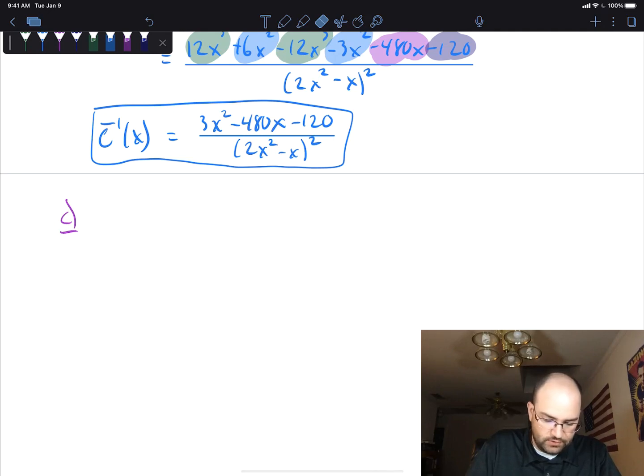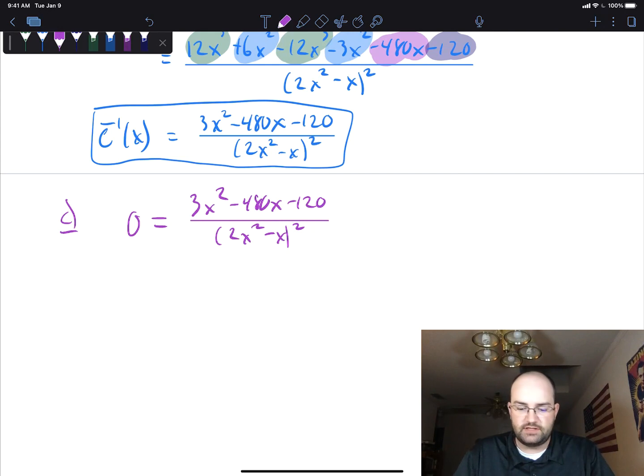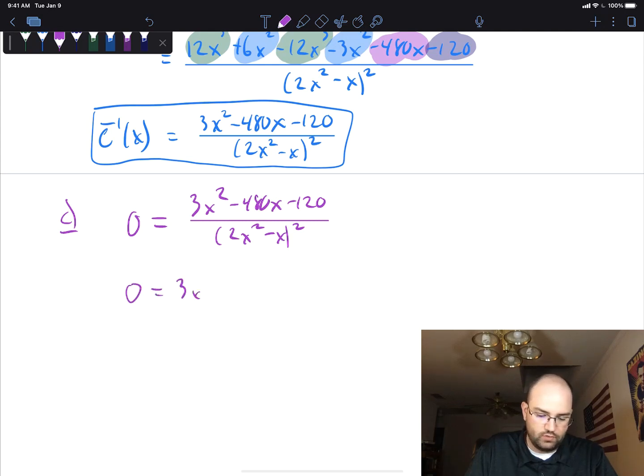So 0 is equal to 3x squared minus 480x minus 120 all over 2x squared minus x squared. And the great thing about this is that since this is a rational function, I can multiply both sides by the denominator, but notice that 0 times anything is 0, which means that goes away. The only thing we need to know here is when is the numerator equal to 0?